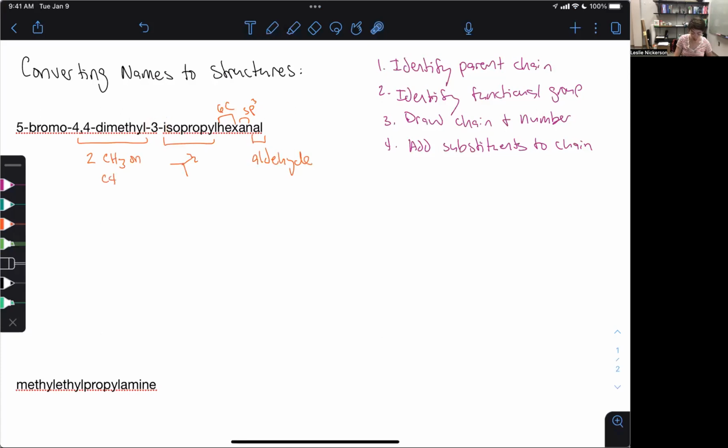Okay, because we're always going to use the number that's in front of the piece of the molecule that it's talking about. So in this case, it's going to be that isopropyl group on carbon 3, the dimethyl on carbon 4. And then over here at the last, we've got 5-bromo, which is just going to be a bromine on carbon 5.